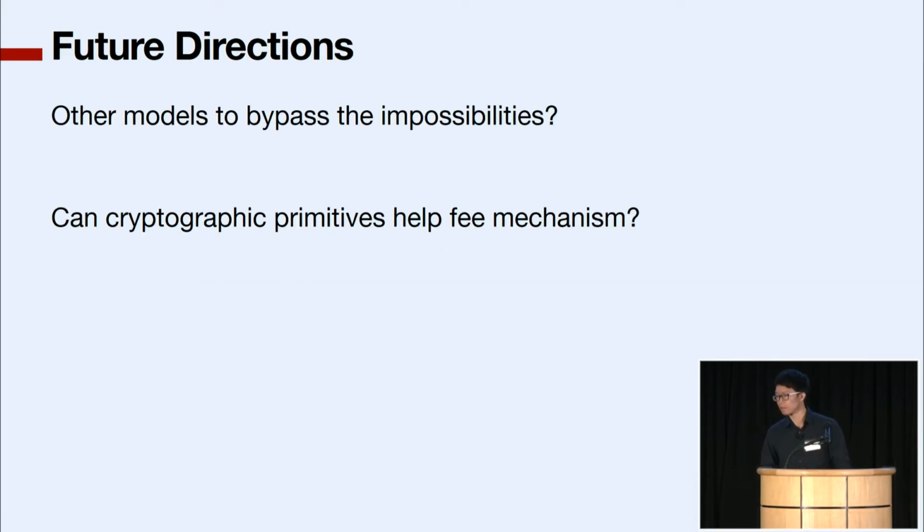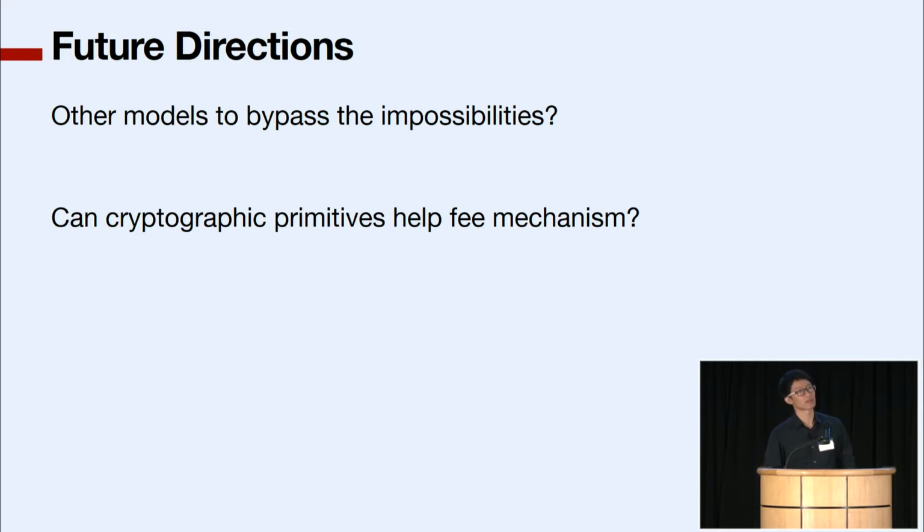Okay, let me quickly mention 2 interesting future directions. In our paper, we give a first trial at bypassing the impossibility by considering a weaker model. So can we have other models that can also bypass the impossibilities?